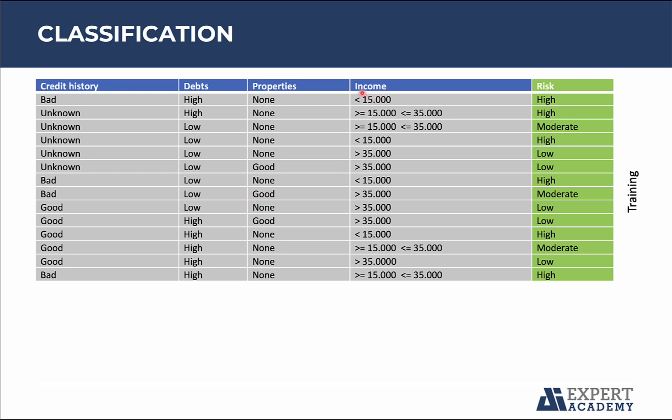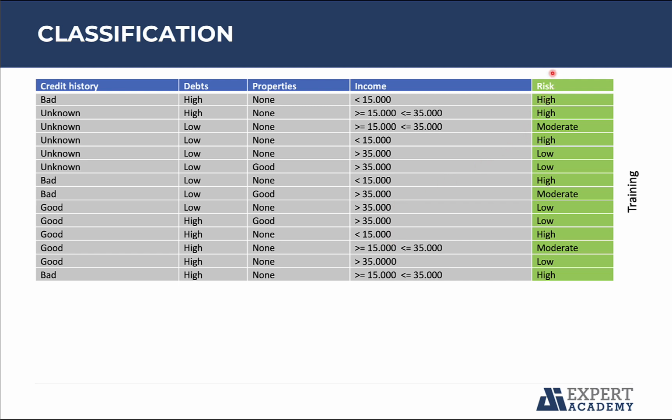And finally, the annual income: less than 15,000, between 15 and 35,000, and finally, greater than 35,000. These are the attributes or the features of the customer. In this example, there are only 4 columns. Of course, in a real scenario, it would have more data.